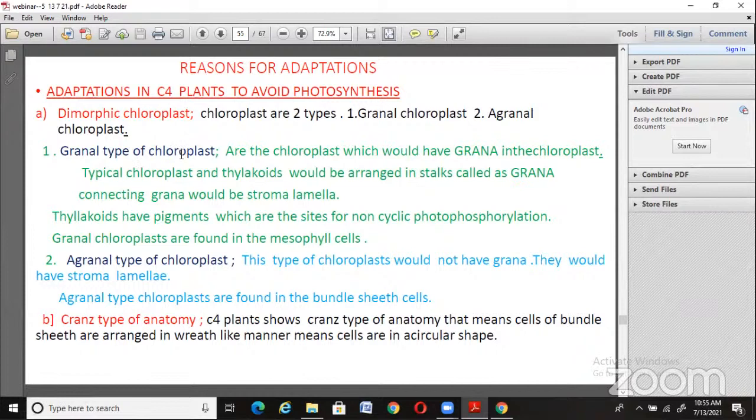We just discussed grana. What is grana? A group of thylakoids is called grana. And chloroplasts which have grana in their structures are called grana type of chloroplast. Look at this diagram, the grana type of chloroplast.